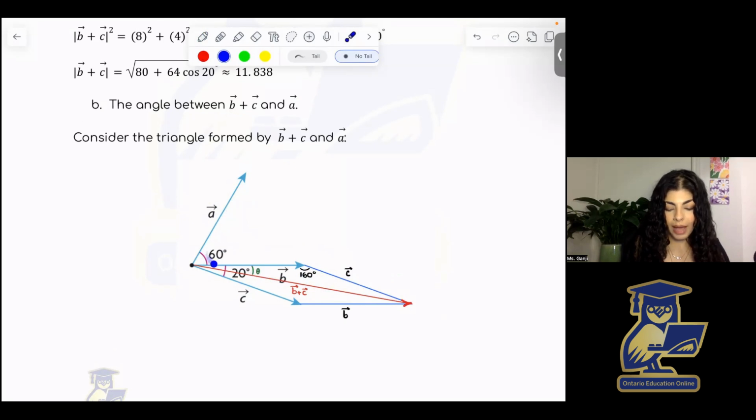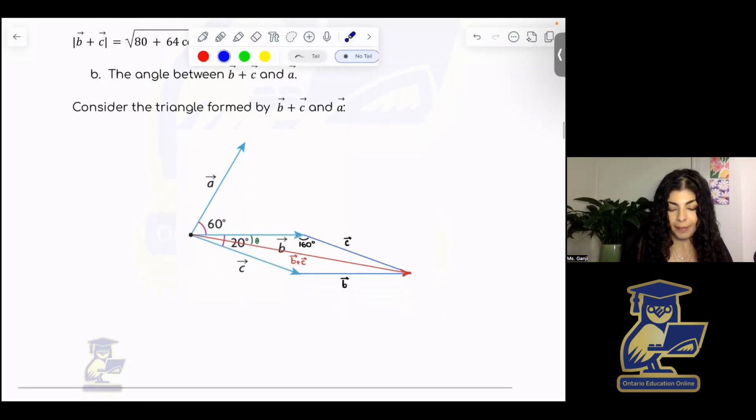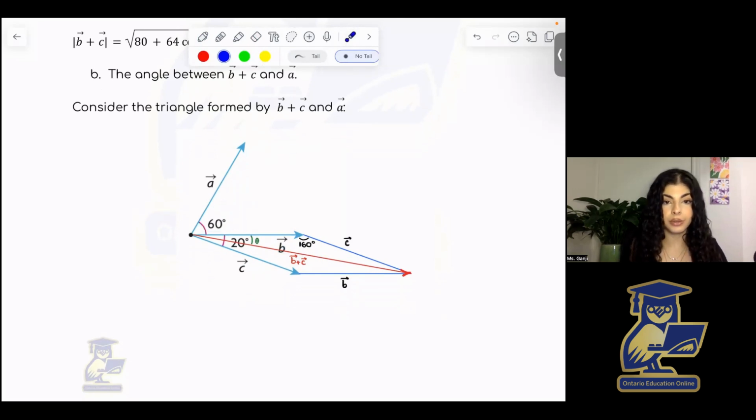And so we have 60 degrees here. All we have to do is find this angle theta here, which is between B and the resultant, and add this to the 60 degrees. So really, we're not using anything with A here until the very end.